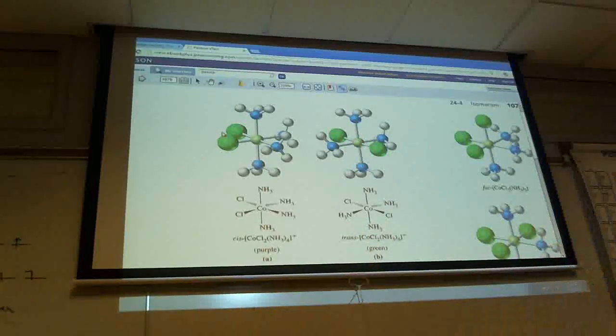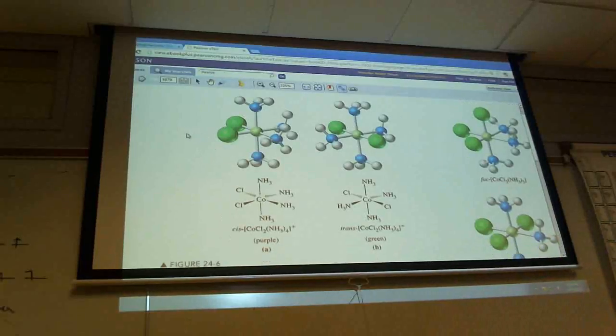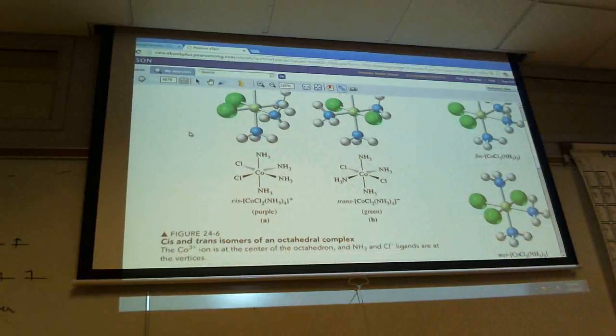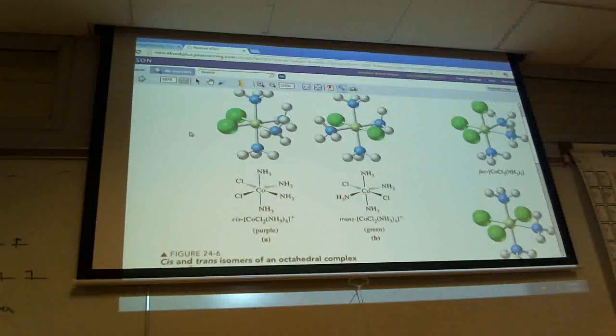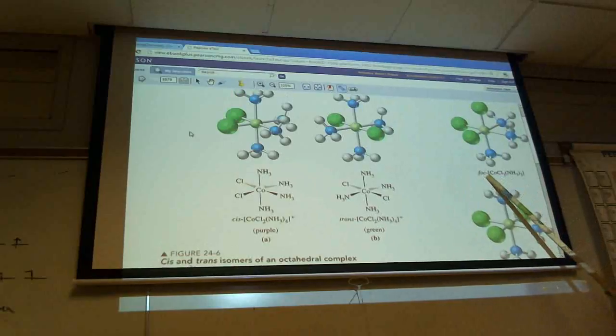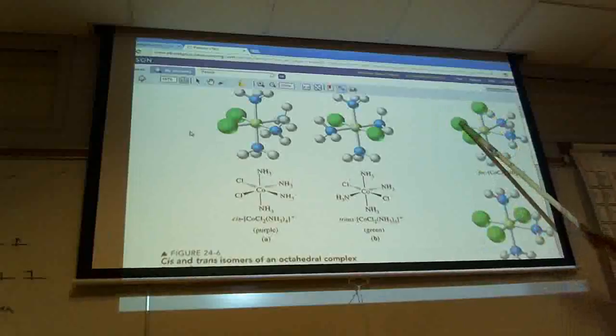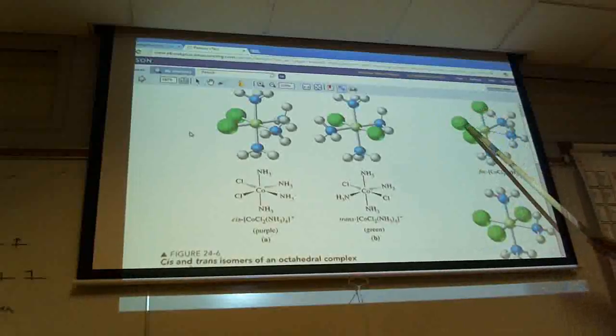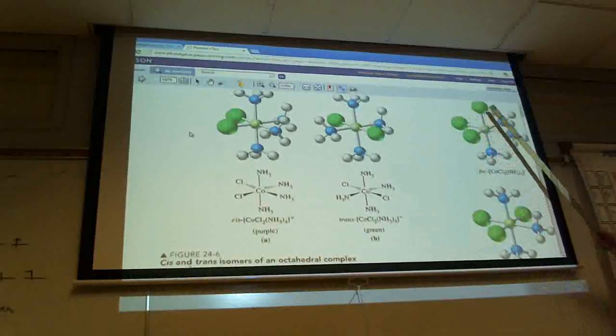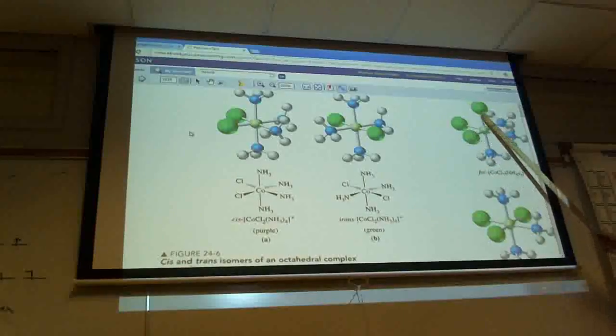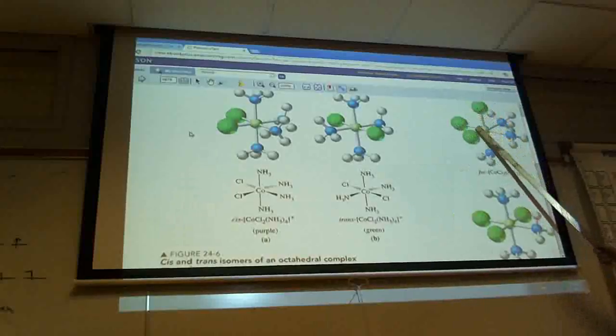When you have three of a kind, then we have the fac isomer. FAC stands for face of an octahedron, or the facial isomer. In other words, if we look at an octahedron, there's 8 sides to this polygon, and on one of the sides we have chlorines at all the corners here.